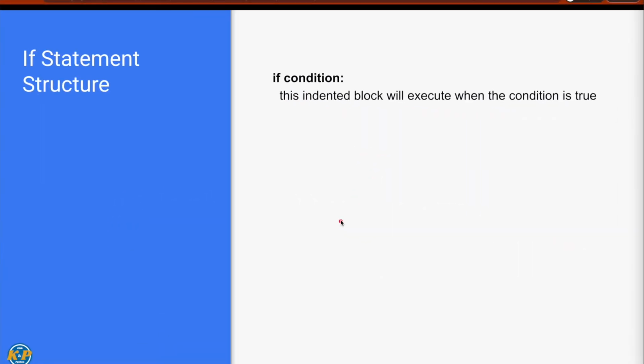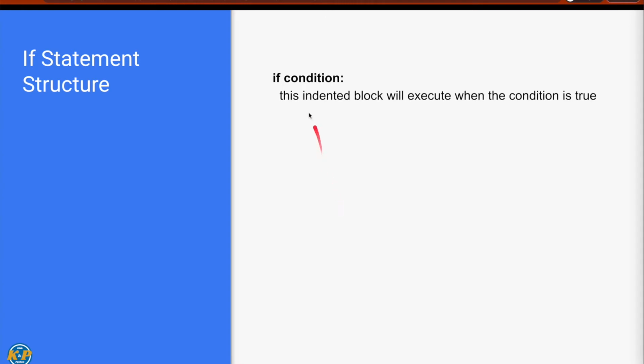There are two decision-making statements in Python: if statement and if-else statement. The if statement is used to decide whether a certain statement or block of statements will be executed or not, and it has the below structure.